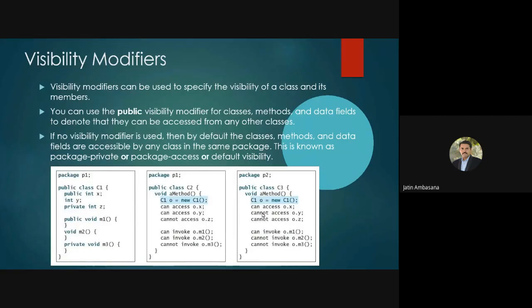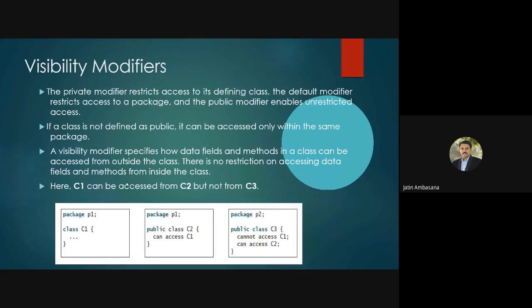Then we saw visibility modifiers. We saw how different visibility modifiers like public, private, default, and protected can be used, right? We saw how visibility modifiers apply with respect to packages.